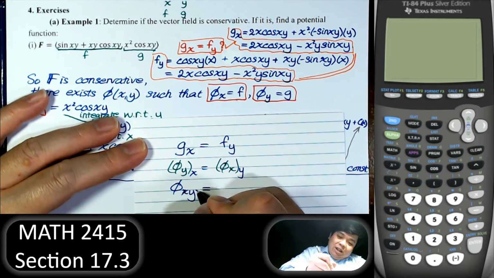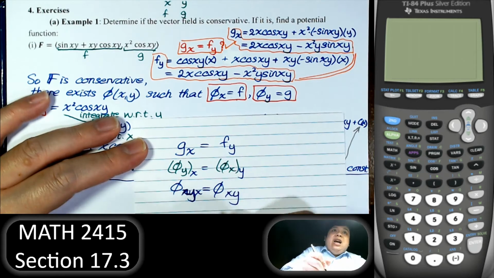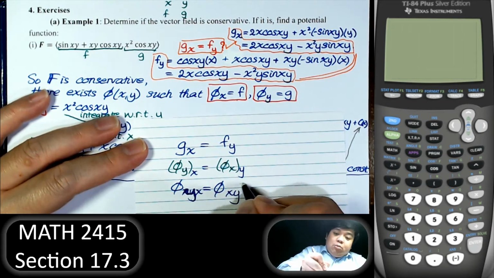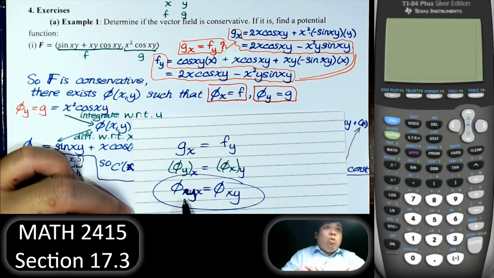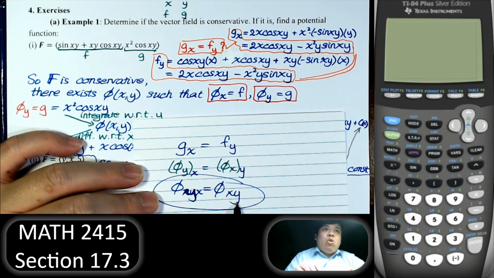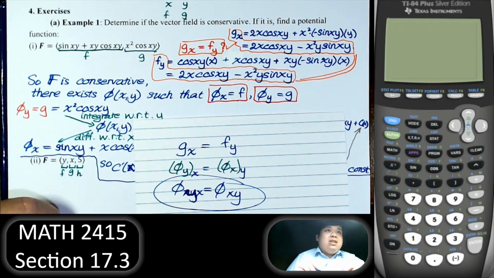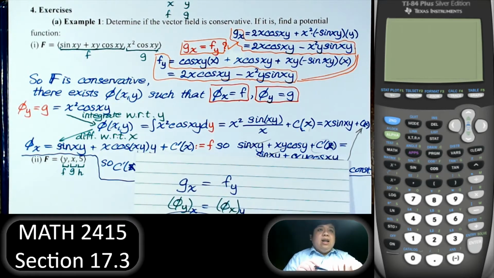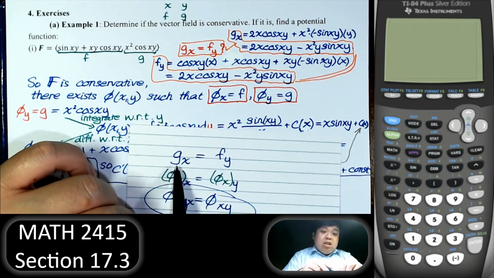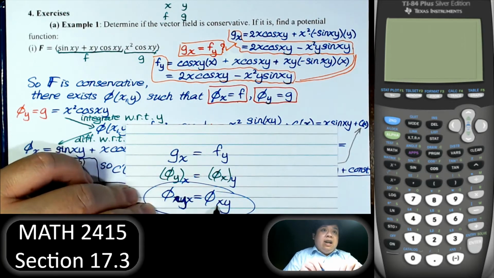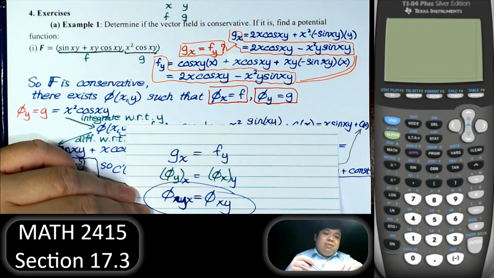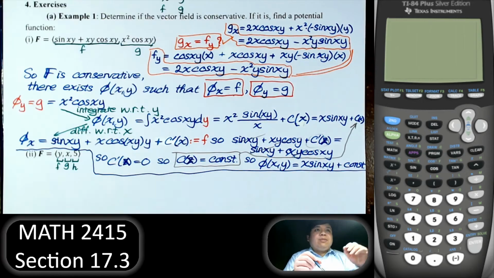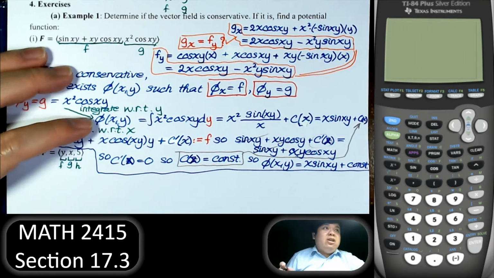This is yx, sorry. As we know already, the mixed partial derivatives are equal to each other. The derivative with respect to yx is the same as the derivative with respect to xy. So that's why it makes sense. This is important to note. That is the reason: if there is a potential function, they're equal, so it is conservative. That's how they relate to each other.